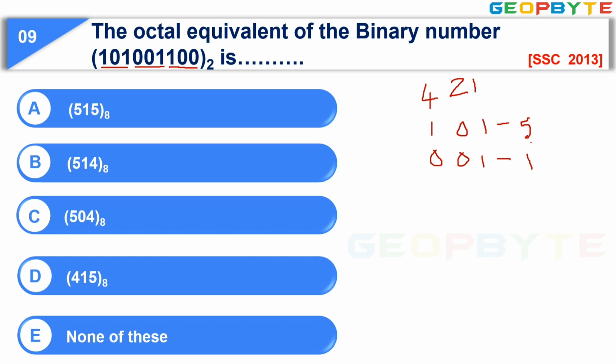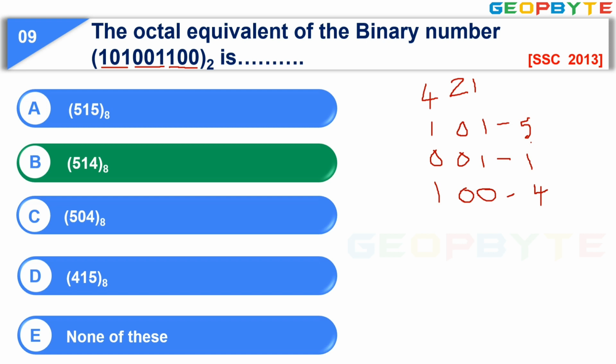Next, moving to the next digit, we have 1, 0, 0. Here 1 is in place of 4, so we write the value as 4. We get 5, 1, 4. So the answer is option B, 514 base 8.